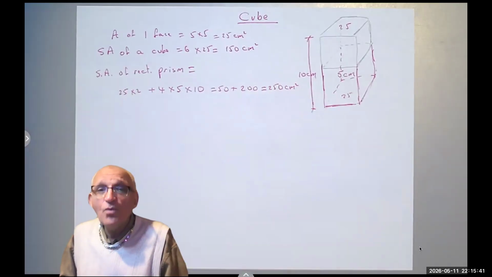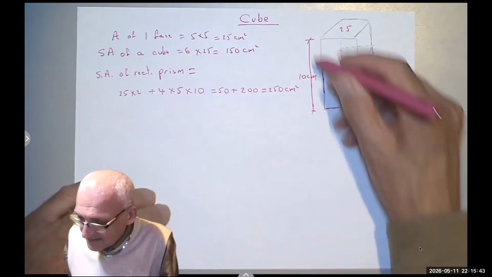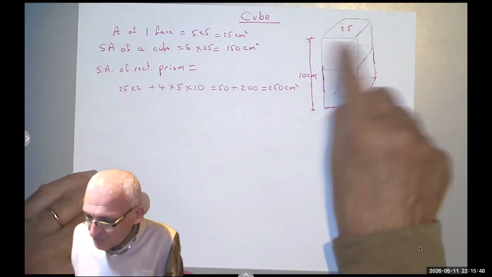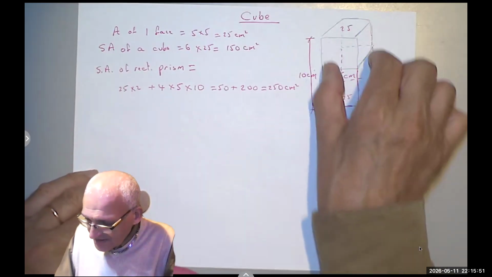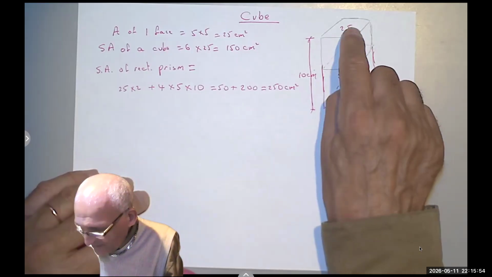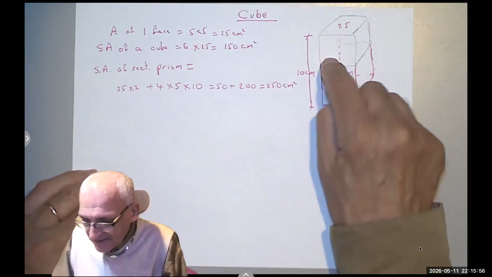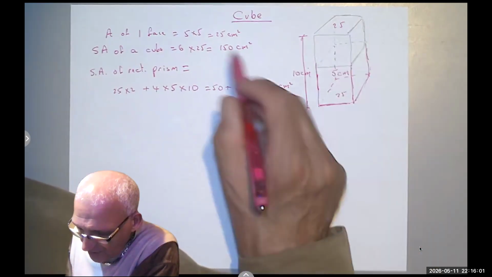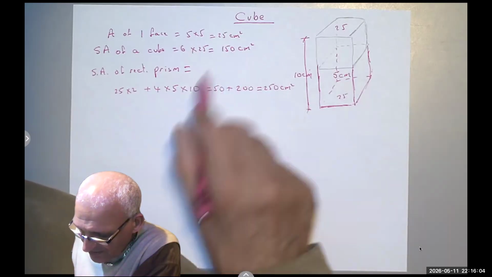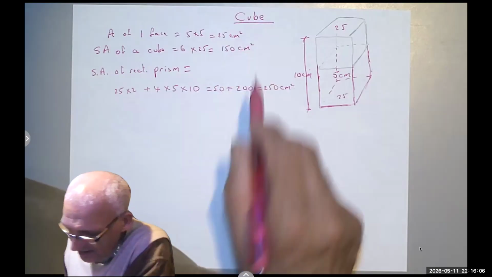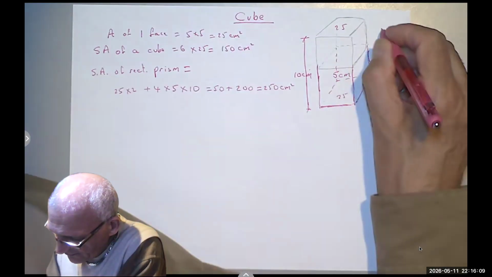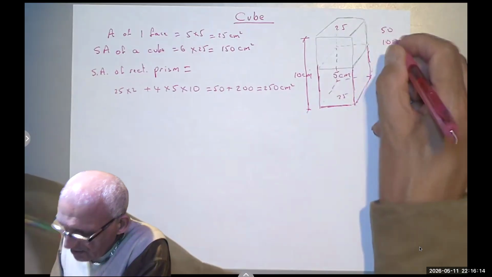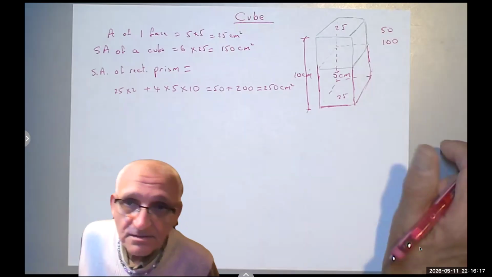And that would make sense. Why? Because I doubled the height. The height of the cube was 5, and it was a square all the way, so we said 25 times 6. The area was 150: 25 and 25 make 50 for the bases, and 100 for the sides, the lateral area.